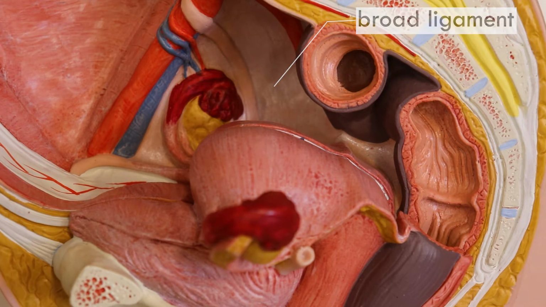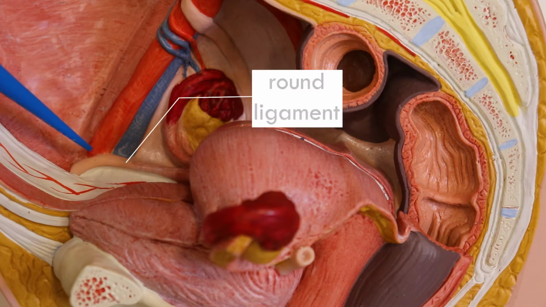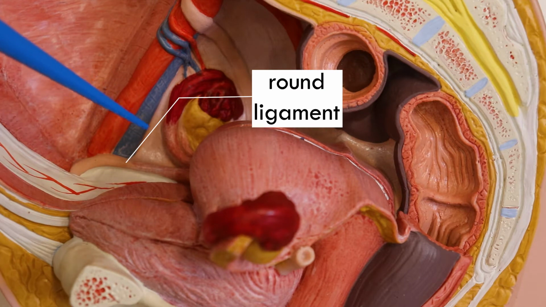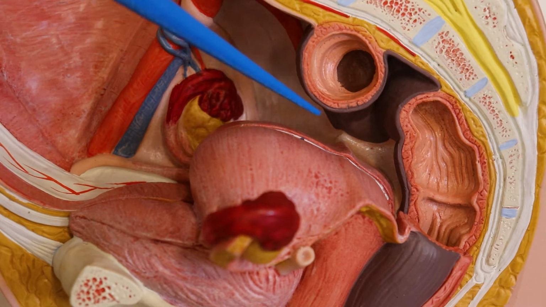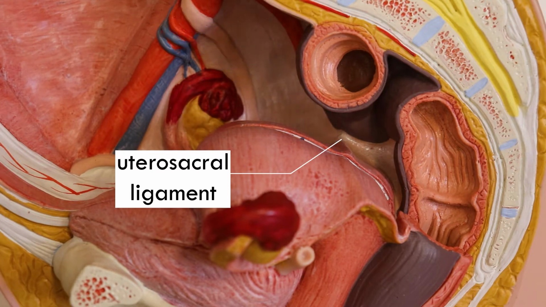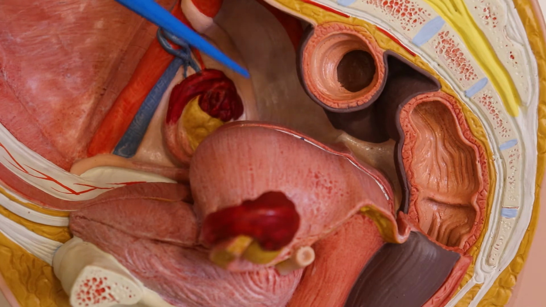And there's a couple of other ligaments that you can see well in this view. This ligament is called the round ligament, and it goes from the fundus of the uterus to the anterior pelvic wall. And this ligament is called the uterosacral ligament, and it goes from the posterior aspect of the uterus to the posterior pelvic wall.